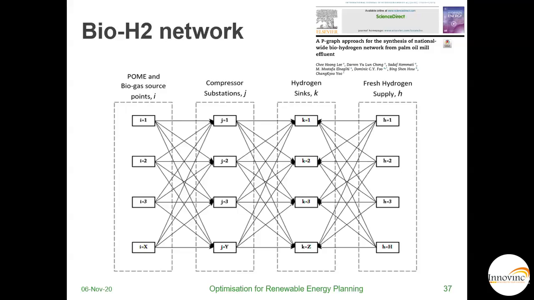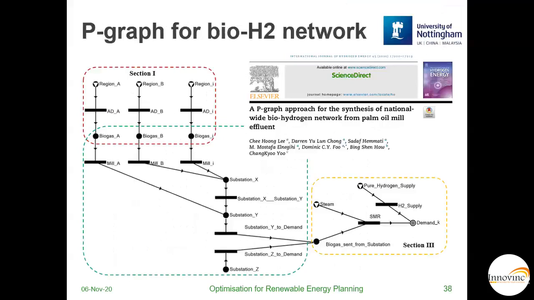But in order to do that, we need to go through the compression substation before we can send it to the hydrogen sink. Okay. Now, using pGraph will help us to identify where the substation is to be located, and this actually takes into consideration the geographical situation in the regions that we analyze.